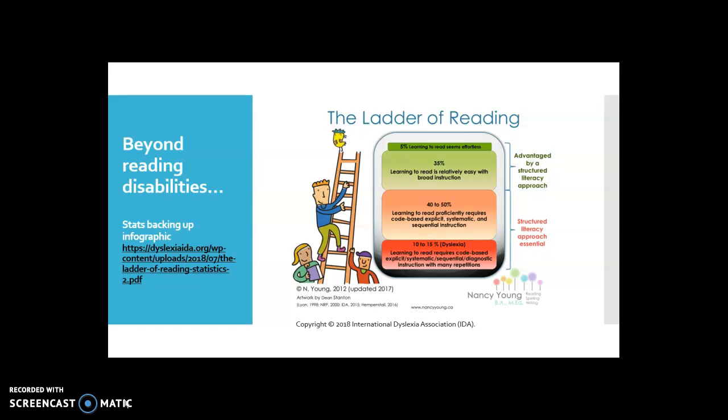But structured literacy can be essential for up to 50% of the population, those where learning to read requires code-based, explicit, systematic, and sequential instruction. And it can be an advantage to students that could read relatively easily with broad instruction.